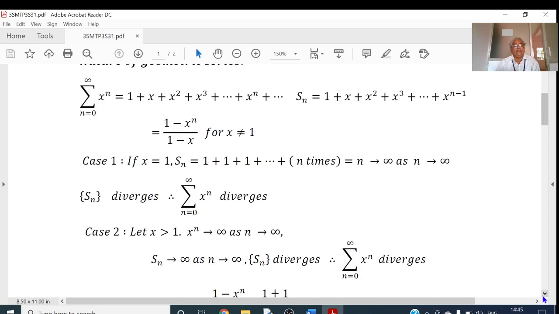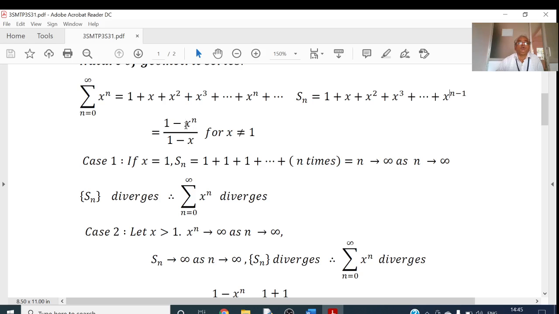Next, we consider another case. Let x be greater than 1. If x is greater than 1 and we take higher powers, then the power becomes infinite.